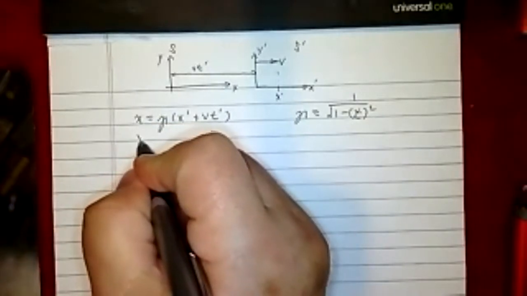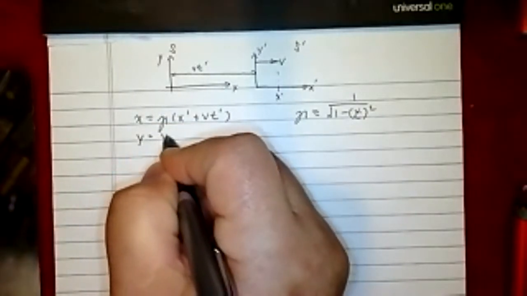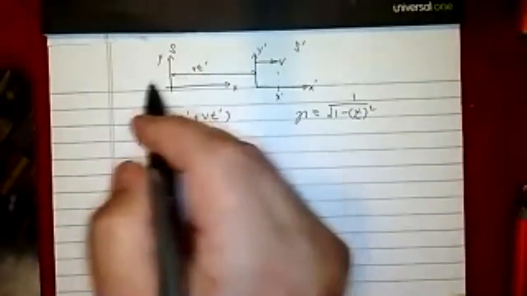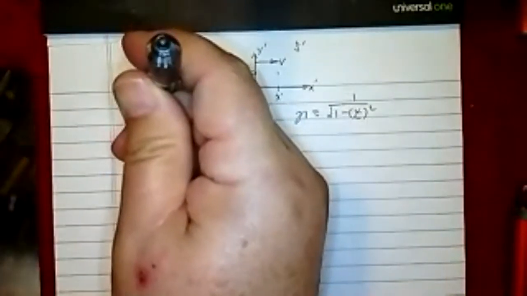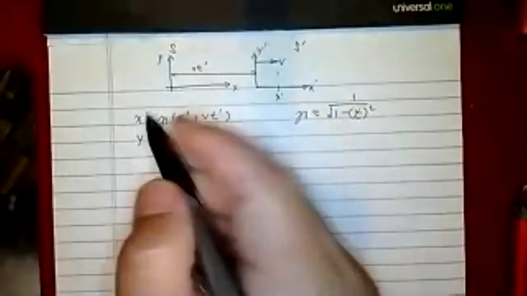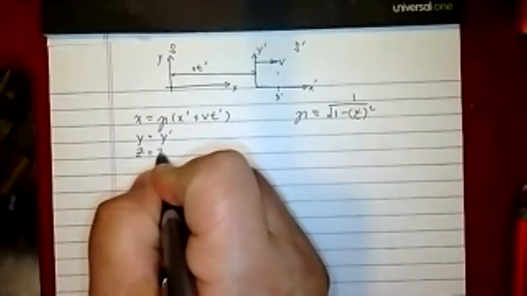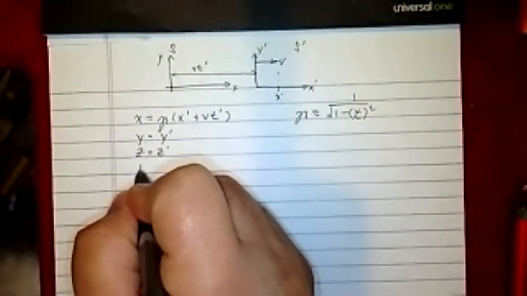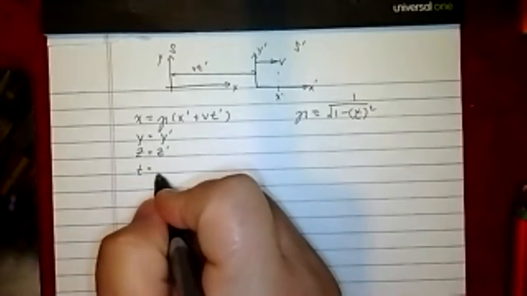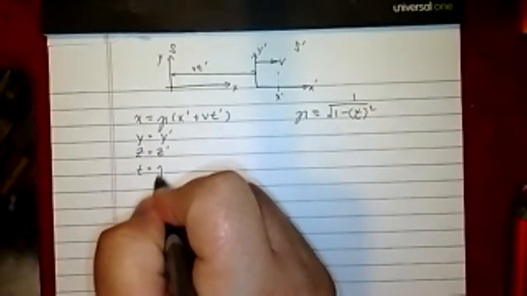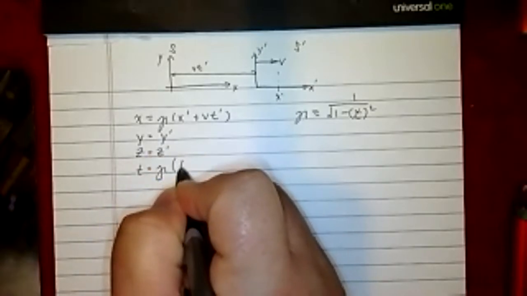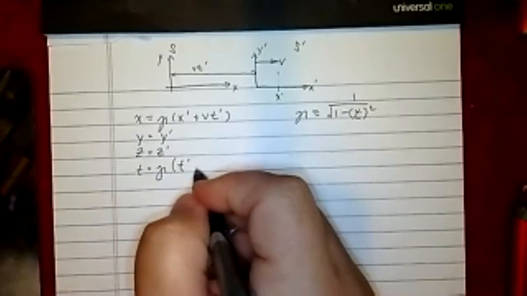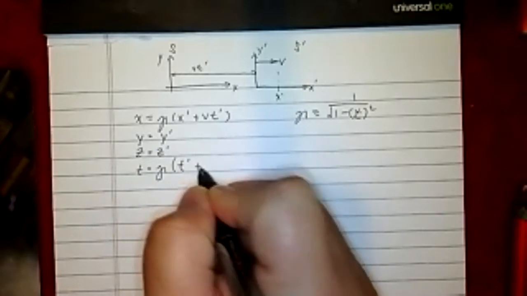In this frame, y is equal to y prime, no difference there because there's no motion parallel to the y-axis, and of course z would be pointing out of the page, and that's perpendicular to the motion as well, so we get z is equal to z prime. The other weird thing is time, which will have a gamma just like we did on the x before, and there is going to be a t prime, but here's the commingling, if you will, of space.